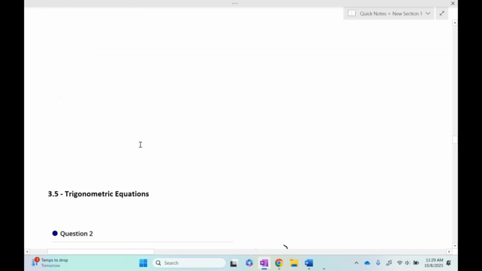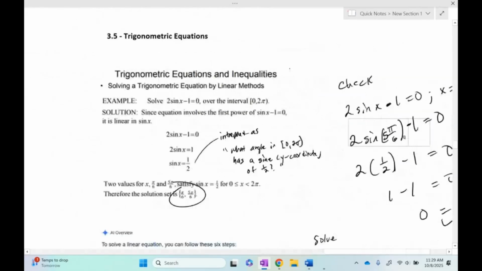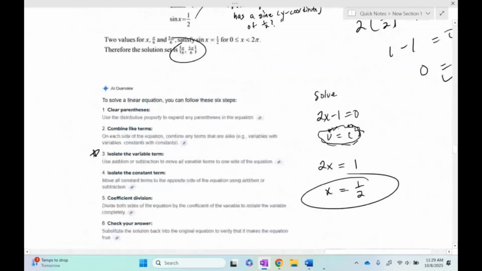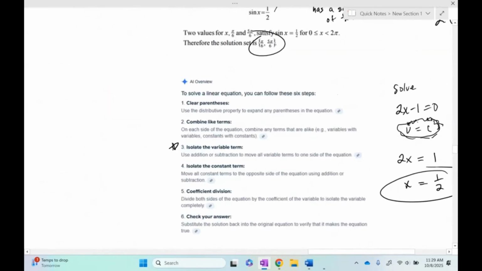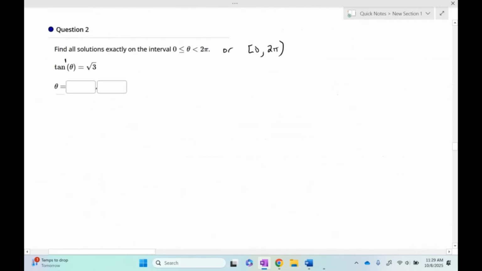So the most important thing in a linear method is to isolate your variable term. So if I go back, what is the variable term? Well, theta is an unknown angle, so this tangent of theta is my variable term.